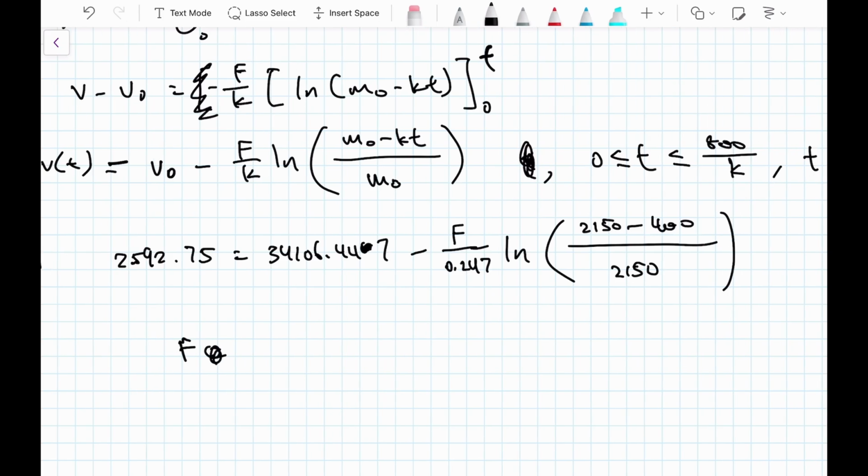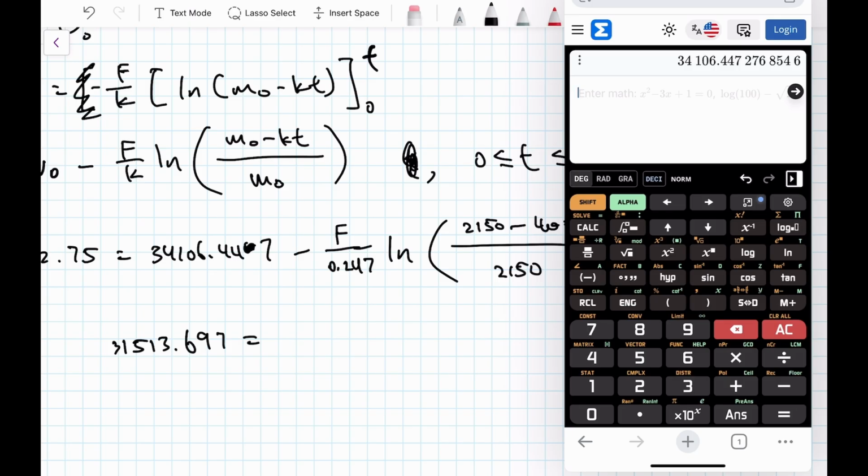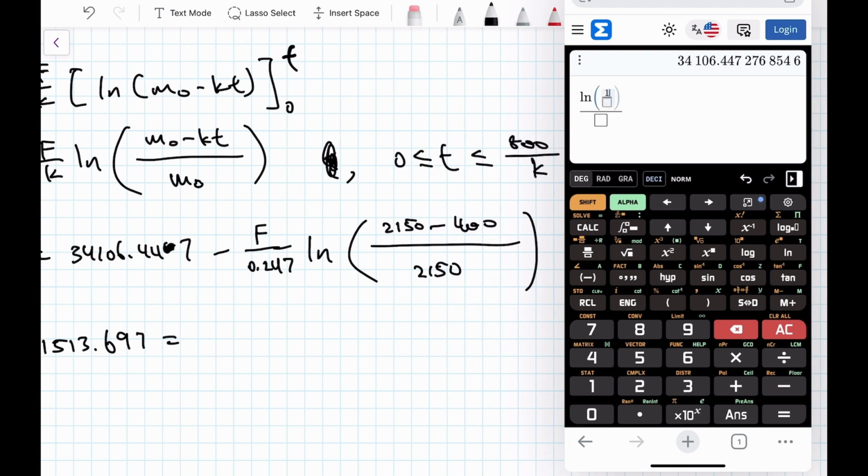Let me just do everything first. 34106.447 minus 2592.75 is 31513.697, which is equal to f over 0.247 times ln of 2150 minus 400, that is 1750, over 2150.